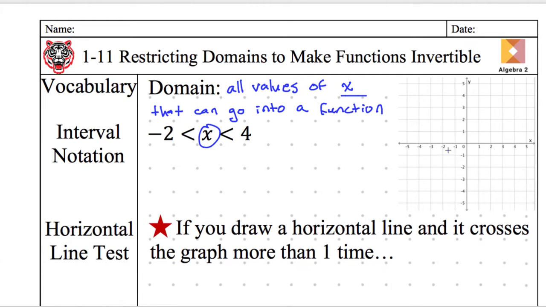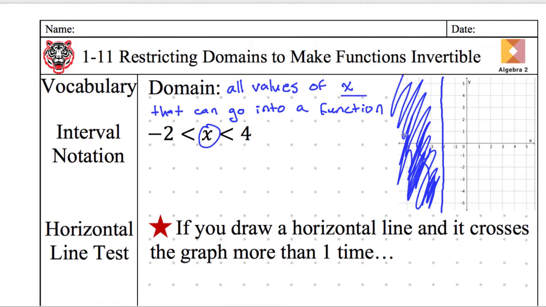So here's -2 on a little graph that I showed you. Go ahead and draw this line also on your notes. Everything left of here, you are not allowed to plug in, because we have restricted it so you can't be less than -2. You have to be greater than -2.